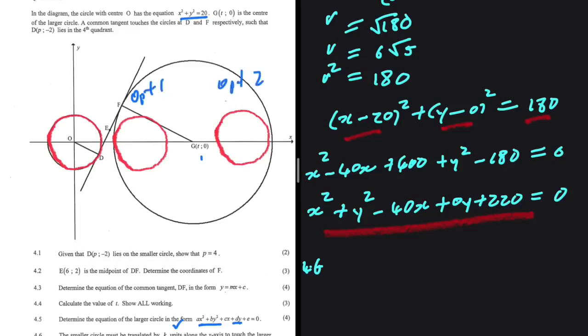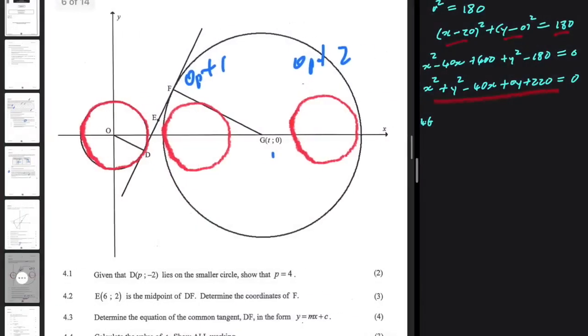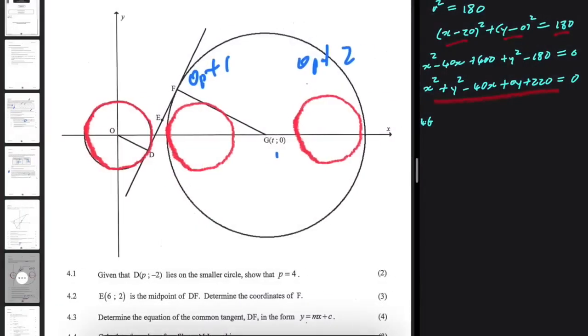There are 2 ways of doing this: you can do it in an algebra intensive way, or you can just analyze the diagram like I'm about to do right now. Let me enlarge this and show you something.